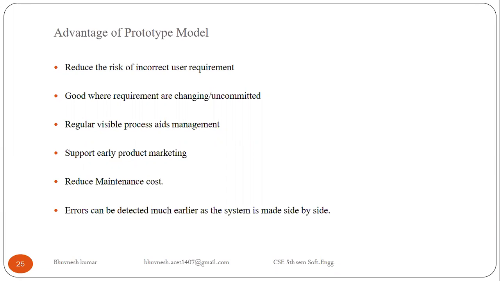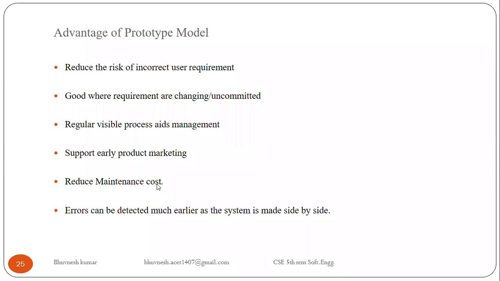The customer will check it and give his or her feedback. That is early product marketing. Make a dummy, show it to the customer, and after acceptance, make another. The dummy is launched in the market, the customer accepts it, and we make a proper one.